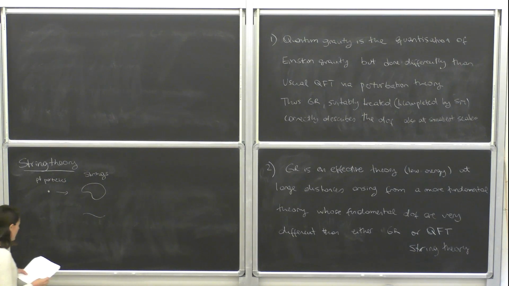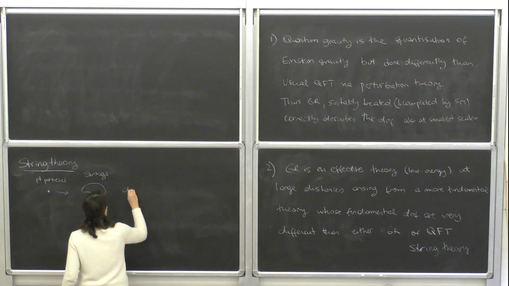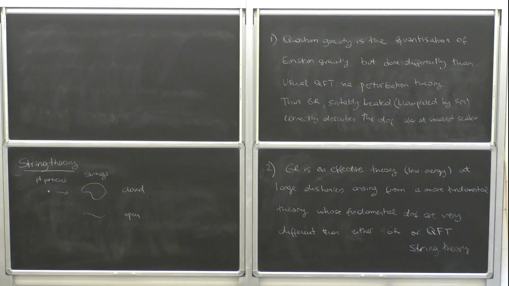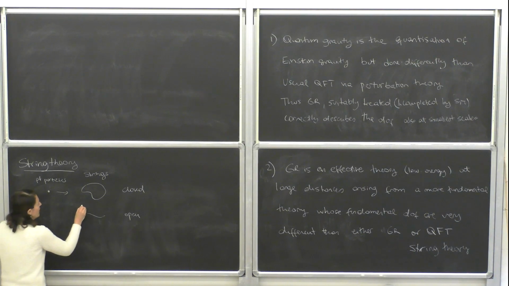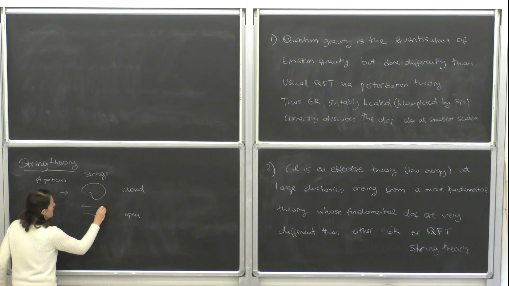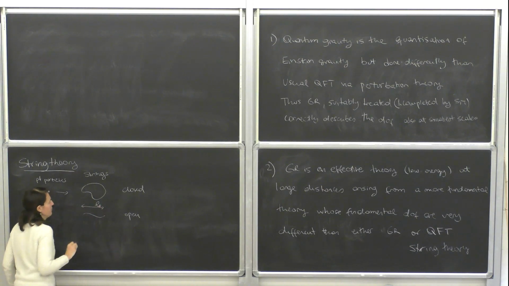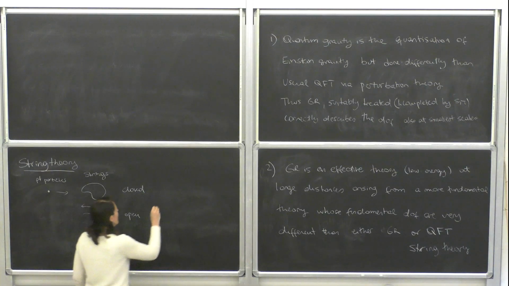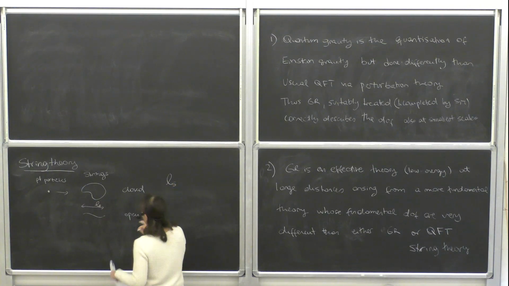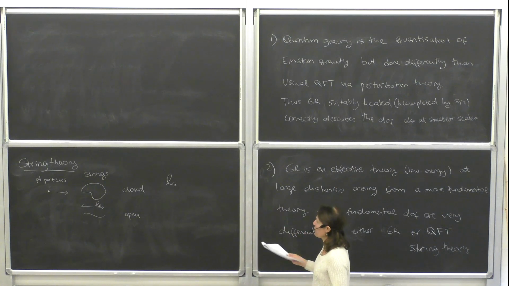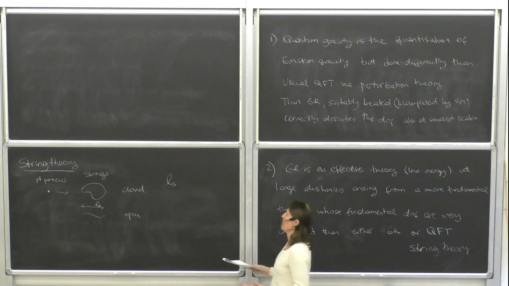And we have strings that can be closed or open. And we'll see, of course, the difference. And they have a typical scale that we call L string. L string is a typical size of a string. We don't know what it is because we haven't observed the strings.